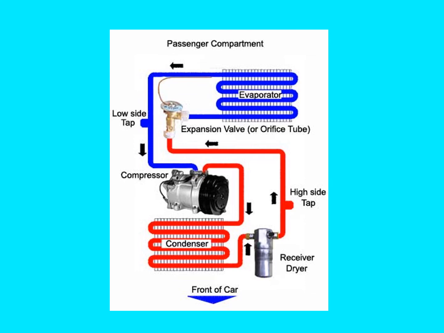We have airflow across the condenser where it's in front of the radiator, either by the vehicle moving or by a fan pulling air through the radiator if it's sitting still. And inside the condenser, the refrigerant's going to condense into a liquid. It's still going to be high temperature, but it's going to be a liquid.